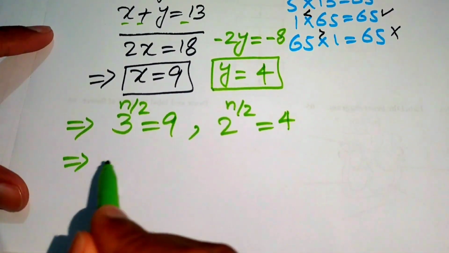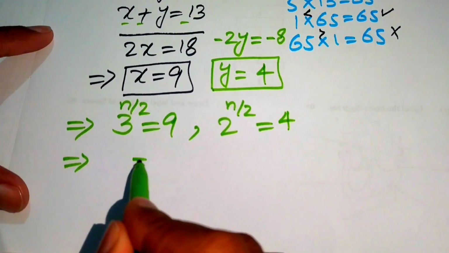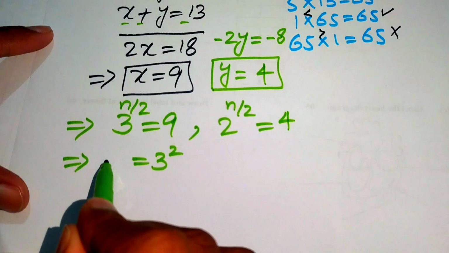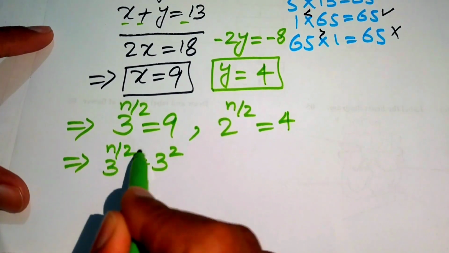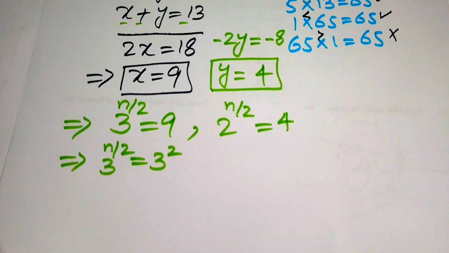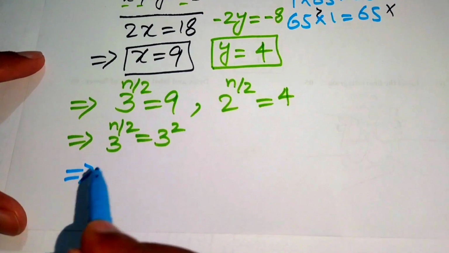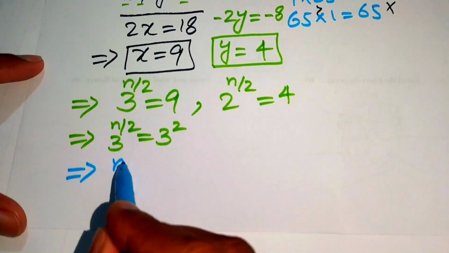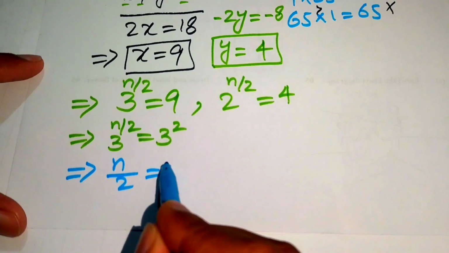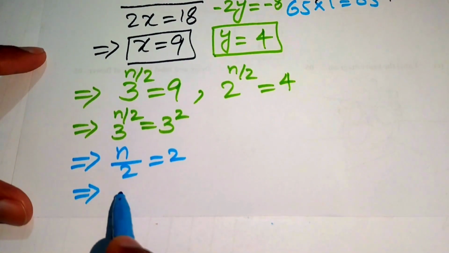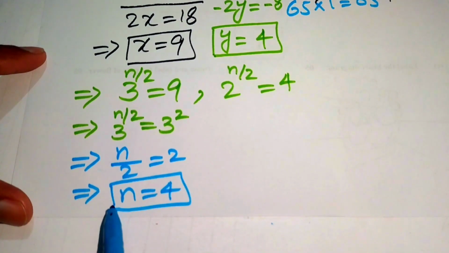So here we write the 9 as 3 squared, and on the left hand side we have 3 to the power of n over 2. We compare both sides, and you see that bases are the same, so we equate the exponents and we get n over 2 equals 2. So this implies that n equals 4. So this is the first value of n.